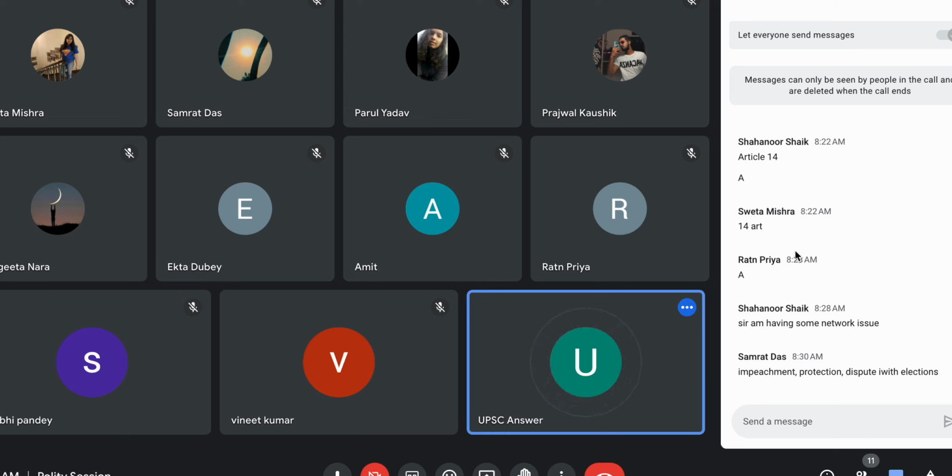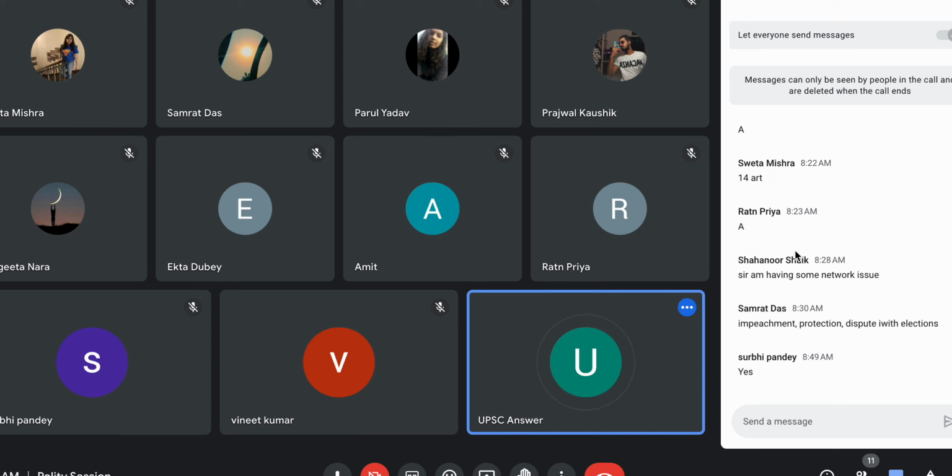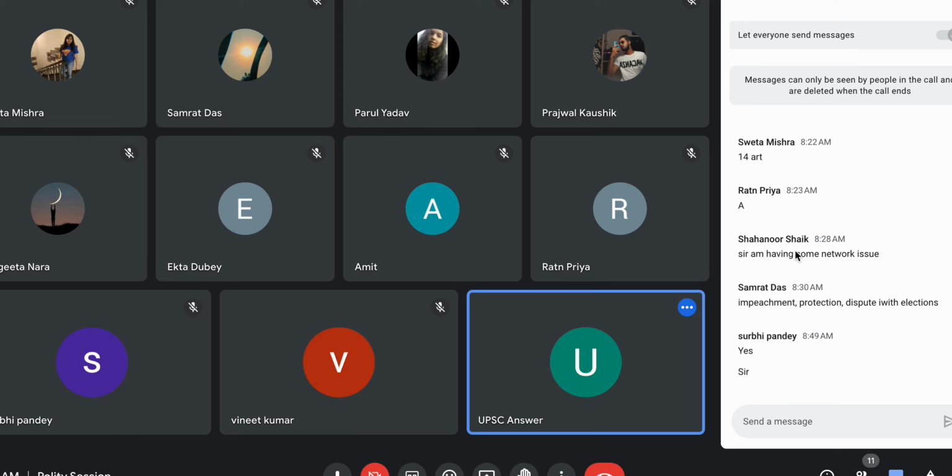Surbhi, Ekta, Ekta, what do you think? Surbhi is saying yes. Do you think the same way?